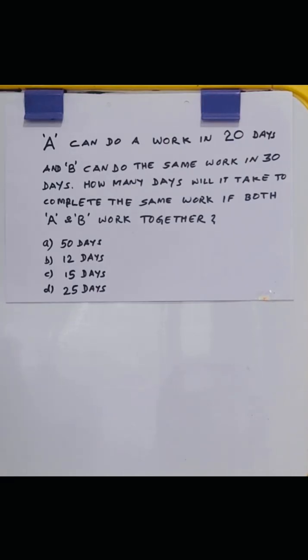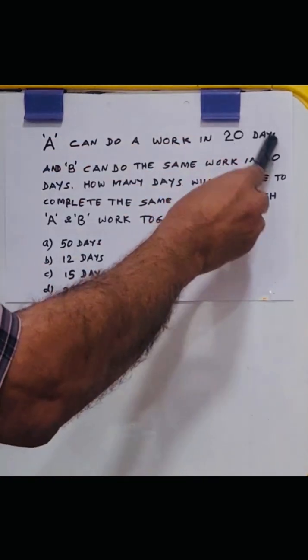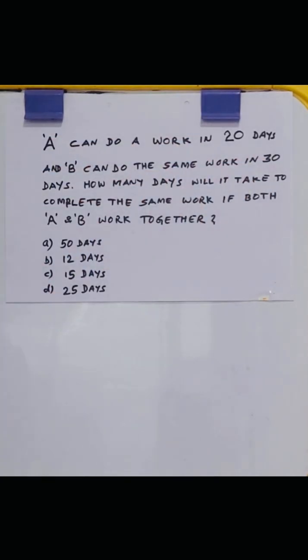So always better we take the LCM of these two numbers, 20 and 30. We will consider the LCM as the total work. LCM of 20 and 30 is 60.